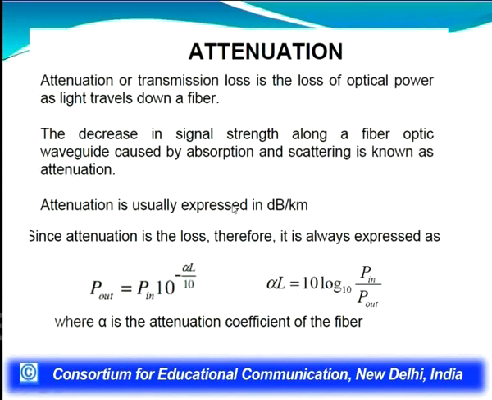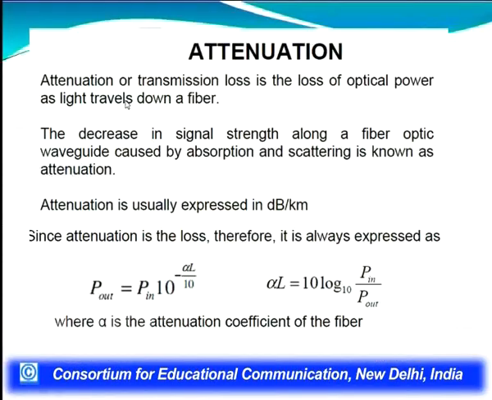Now we are talking about the different features or different properties of the optical fiber, that is the attenuation. Attenuation is basically defined as the transmission loss. What is the attenuation? Attenuation or the transmission loss is the loss of optical power as light travels down in the fiber.